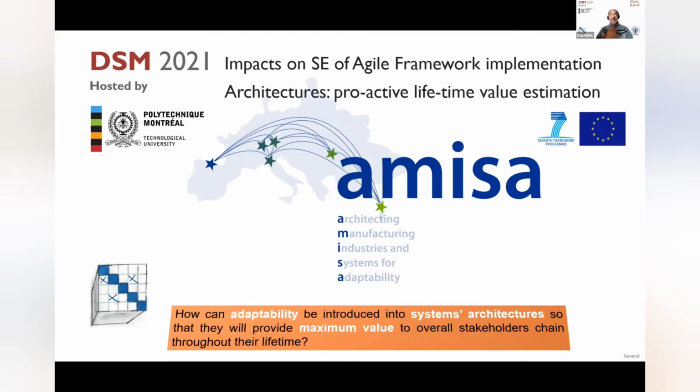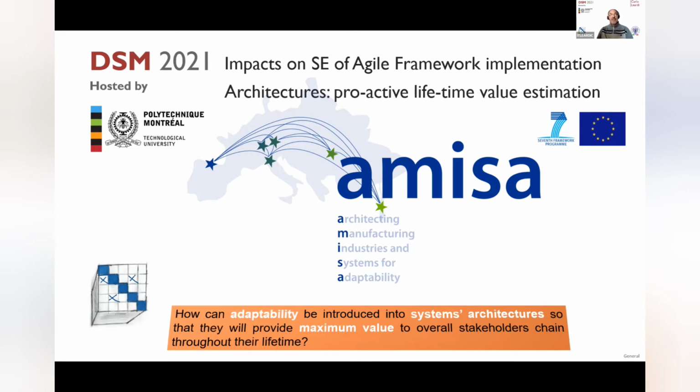But let's come to something which is a bit older. When we developed the AMISA project, we wondered what adaptability could be introduced into the system architectures so that they could provide the maximum value to all the stakeholders through their lifetime. I think this question is still absolutely valid. The only thing that is changing is that changes happen not only during the lifetime, but during development, quite quickly.